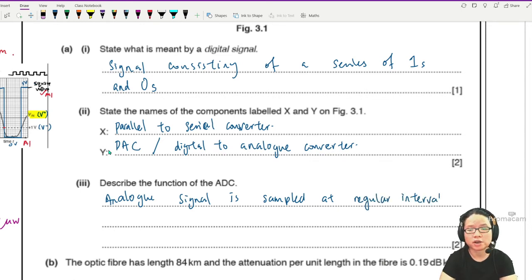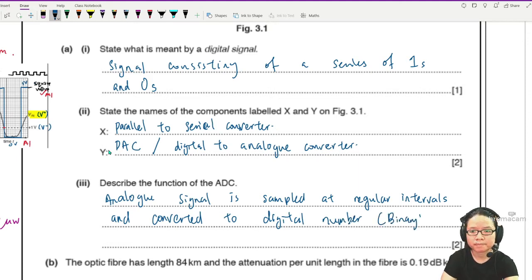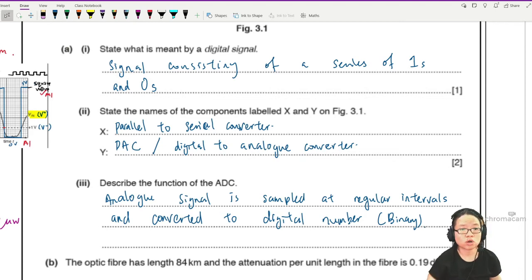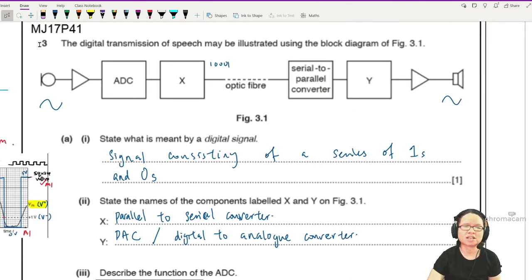We're just describing some of the things that you will do in the past year question. So the analog signal is sampled at regular intervals and converted to a digital number. And this digital number is binary. Okay, so all this is pretty general and facts that you should kind of memorize based on this block.